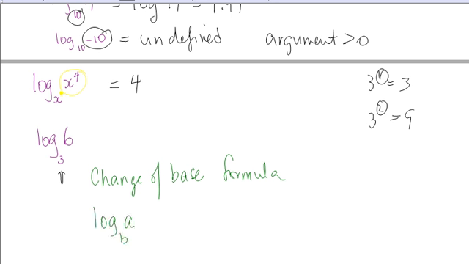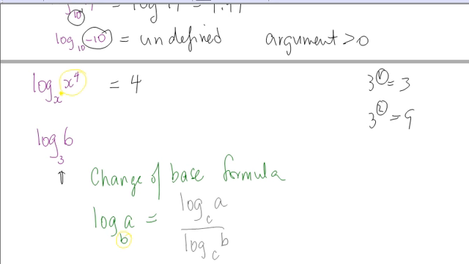If you have a base that you don't want or can't use, then you can change it to any base you like. It could be base 10, it could be base 2, it could be base 5, any base you want. And the way you do that is using this formula.